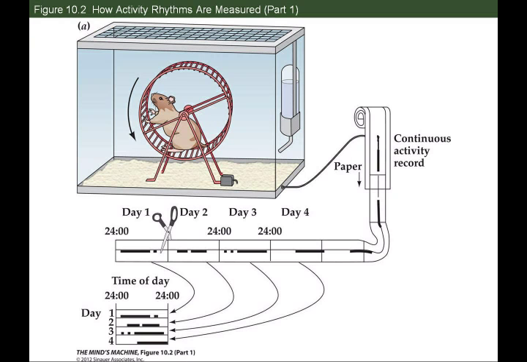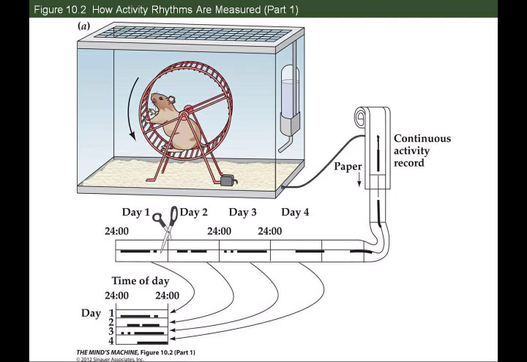And how we typically study how long the animal sleeps, and how that is affected by the presence or absence of stimuli in the environment, is by something like this. Animals like to exercise on wheels. I wish I did too, but rodents really like to do this. In this paradigm, every revolution of the wheel will register on the computer and print a black line, meaning that the animal was active.